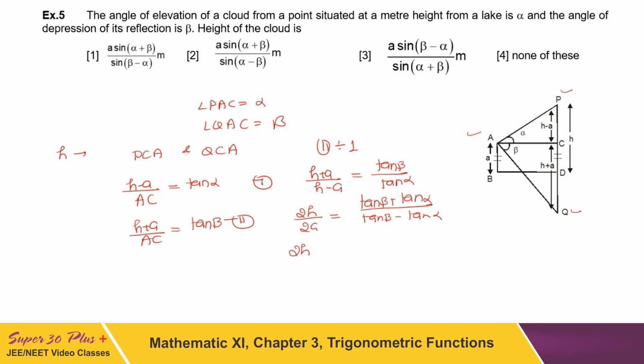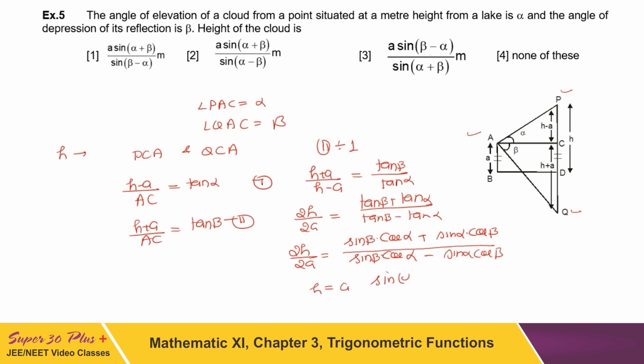2h upon 2a is equal to sin beta cos alpha plus sin alpha cos beta, whole upon sin beta cos alpha minus sin alpha cos beta. h is equal to a times, what is the formula?